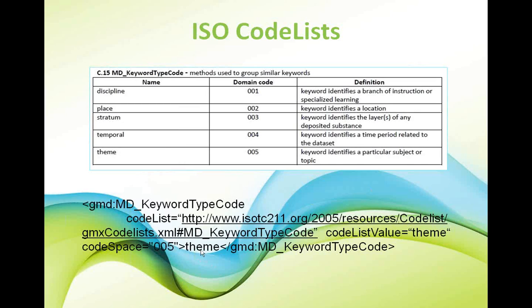The best practice is to also put that value in the content. Remember, the content is the information between the opening and closing tags. So the keyword type tag opens, then closes, and the content is theme.